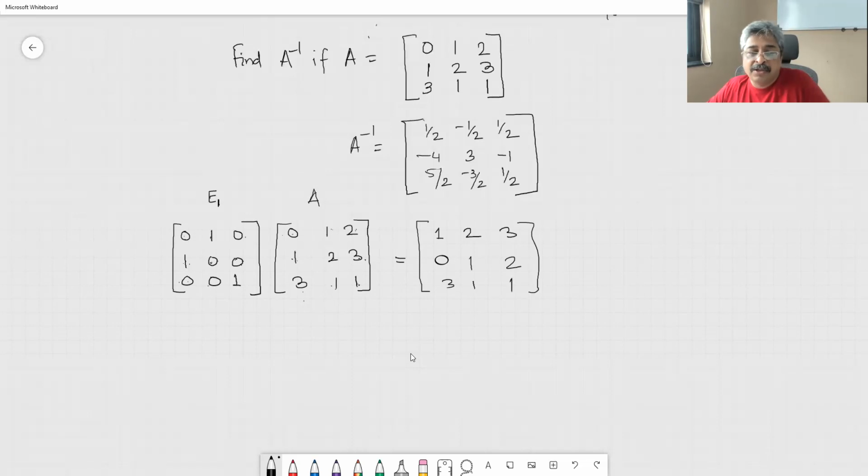Have you understood? In the last lecture we learned that we can always flip the rows. But now, flipping the rows means multiplying by E1. And how do I get this E1?